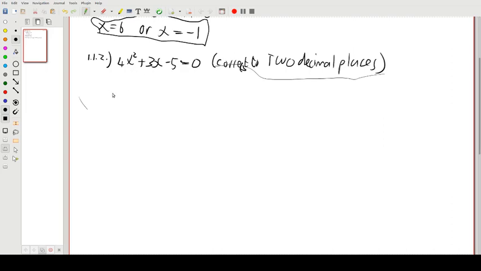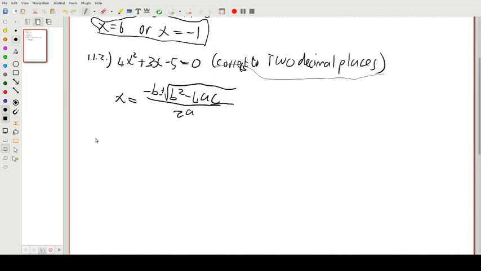So then we know we can just plug it into our quadratic formula. What does the formula look like? The formula says that x equals negative b plus or minus the square root of b squared minus 4 times a times c, all over 2a. That is our quadratic formula.